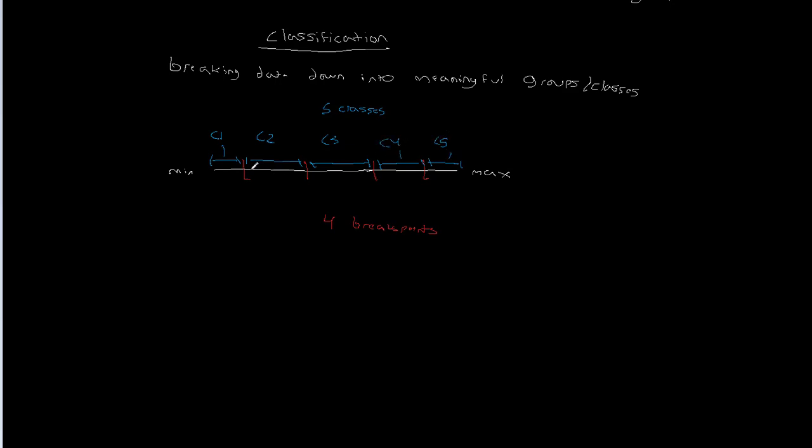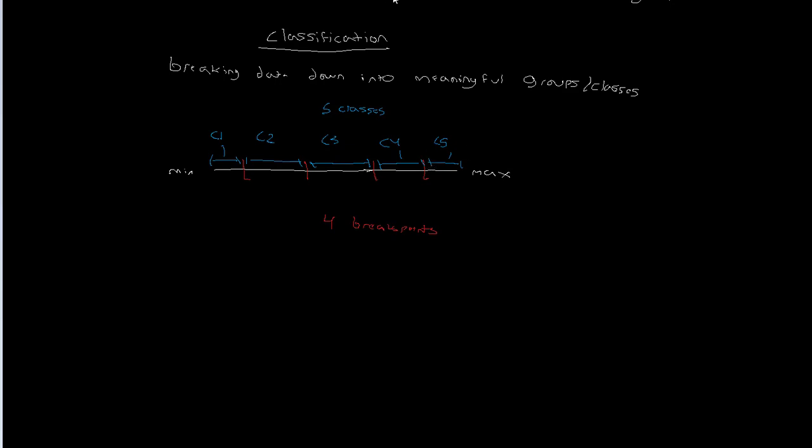So this idea of placing breakpoints along the data to separate them into classes is the general idea of classification. And what we're going to be talking about in this video and the next couple of videos is classification schemes, which are methods that we can use to figure out where we want to actually place these different breakpoints.